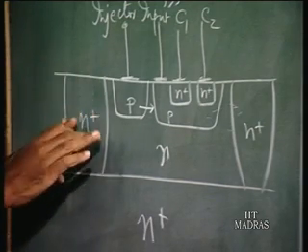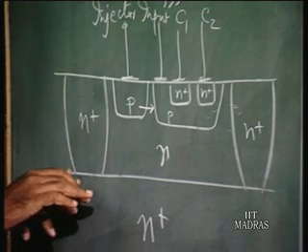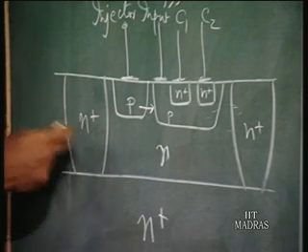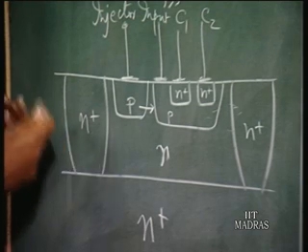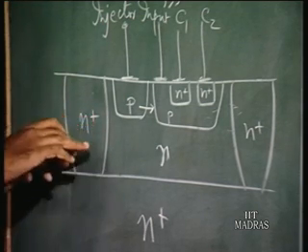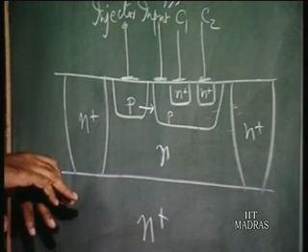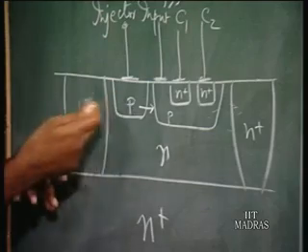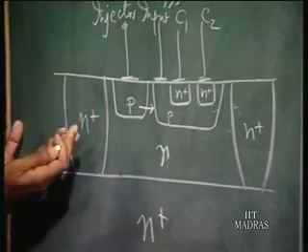which means that the hole concentration here is suppressed, because N plus means a highly doped N region, a large concentration of donors. So the hole concentration is going to be proportional to Ni squared by Nd. That, we have already seen. So basically you suppress the hole injection on this side, which is going to be a waste actually.